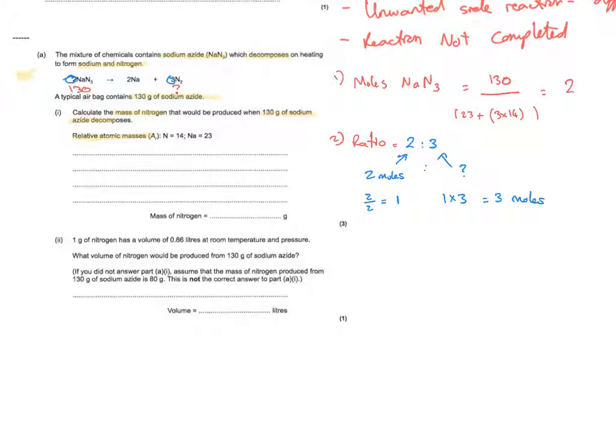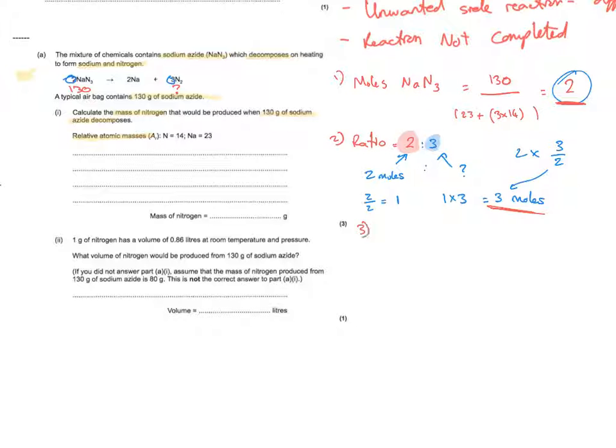So in this case, you're timesing your moles here by 3 over 2 to get your answer. Basically, what this ratio is telling you is for every 2 moles of the reactant, you make 3 moles of the product. And it just so happens that I've got 2 moles of the reactant, and therefore I make 3 moles of the product.